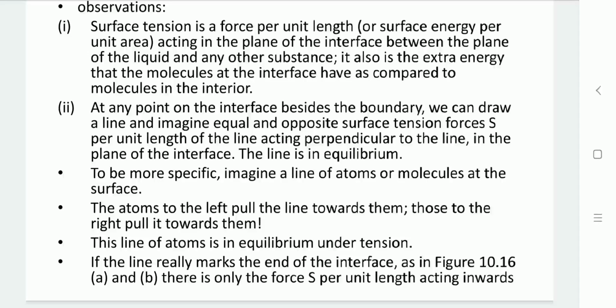The atoms on the left pull the line towards them, and those on the right pull it towards them. So this line of atoms is in equilibrium under tension. If the line really marks the end of the interface, then the force S per unit length acts on the inward side.